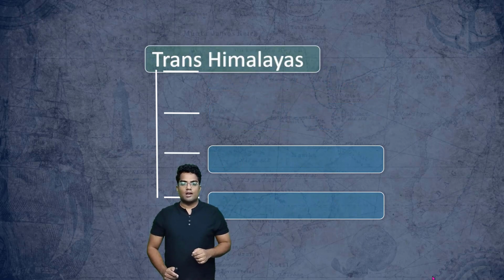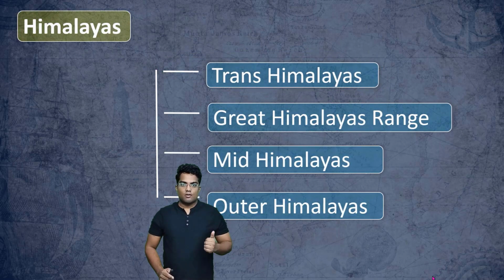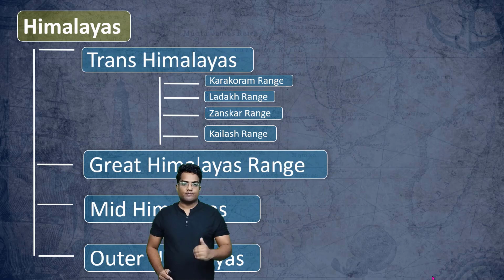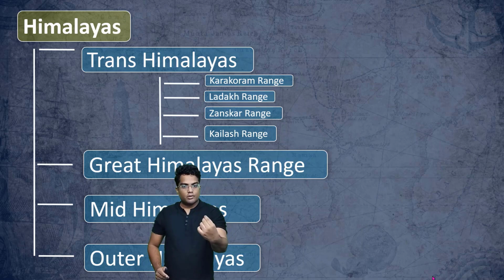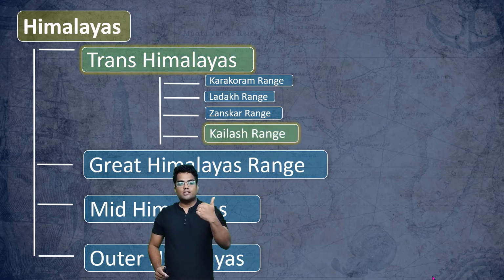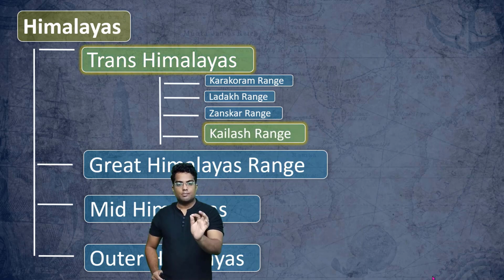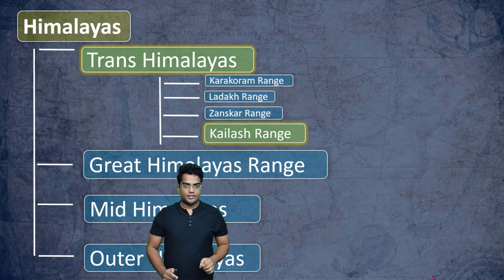So once again, we have the whole of the Himalayas, and the Trans-Himalayas is divided into these four ranges. We are interested in the Kailash range.